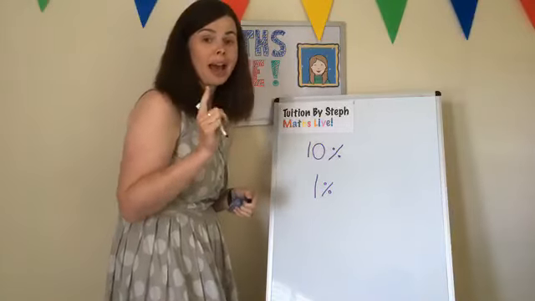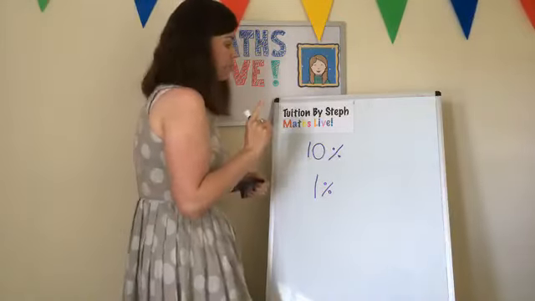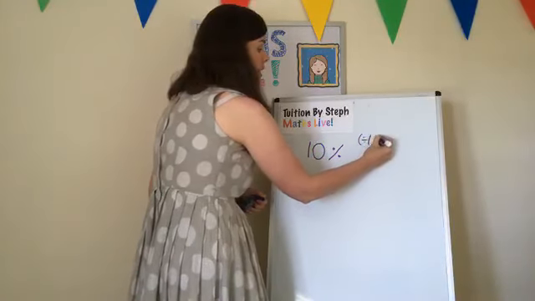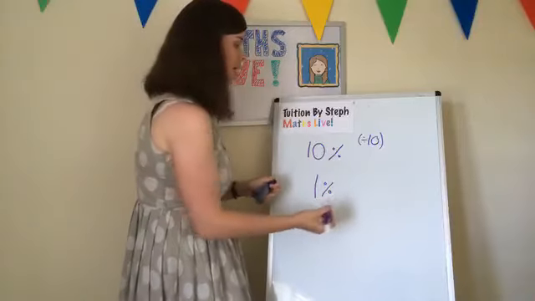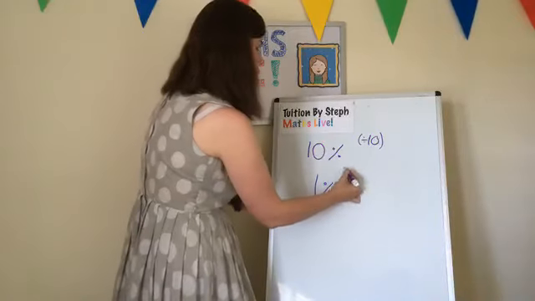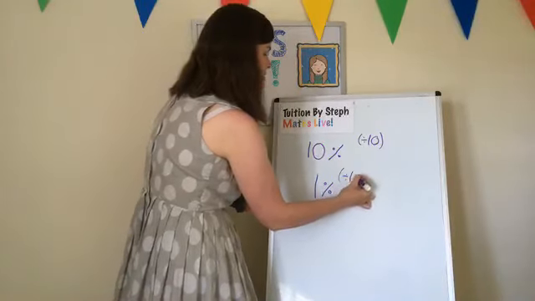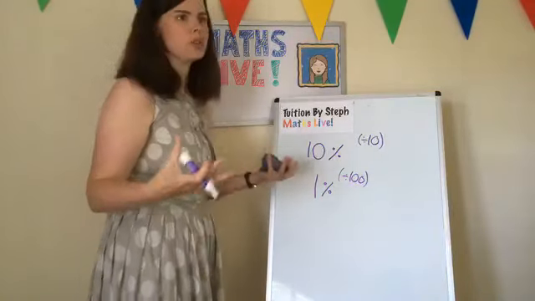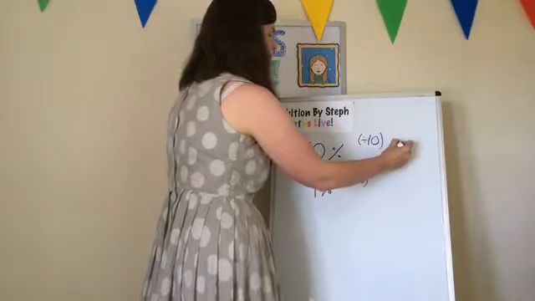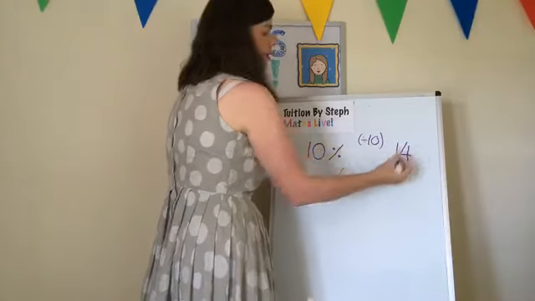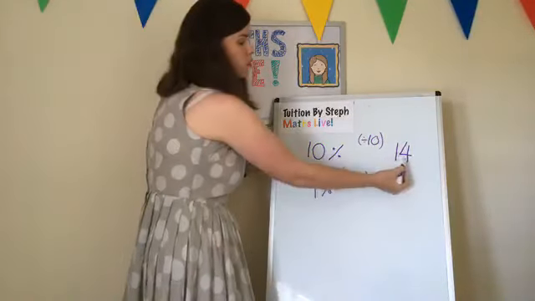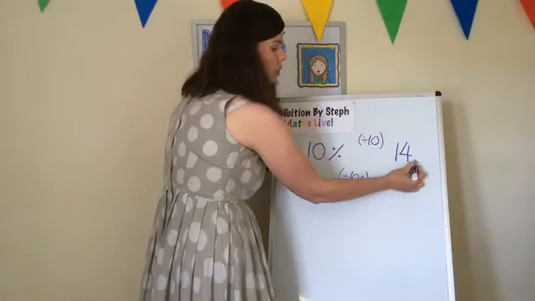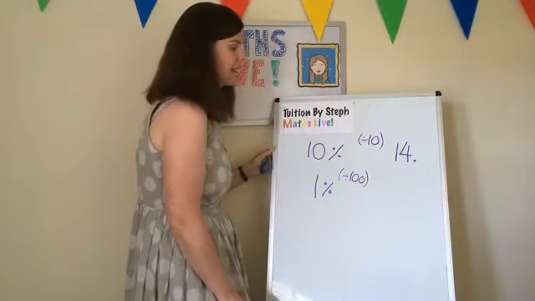First of all, you need to know how to find 10%. Finding 10% of a number is the same as dividing it by 10. And finding 1% of a number is the same as dividing it by 100. So let's have a number, say 14, and we want 10% of 14. That means I've got to divide 14 by 10. Remember, on a whole number, the decimal point is always hiding next to it.